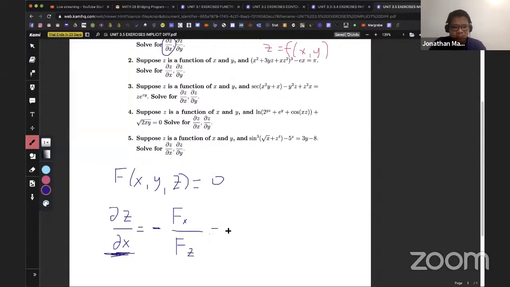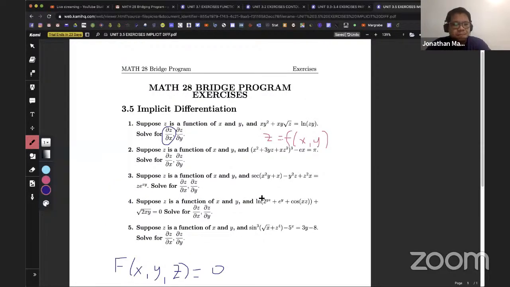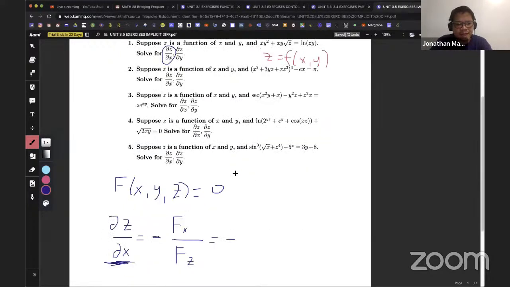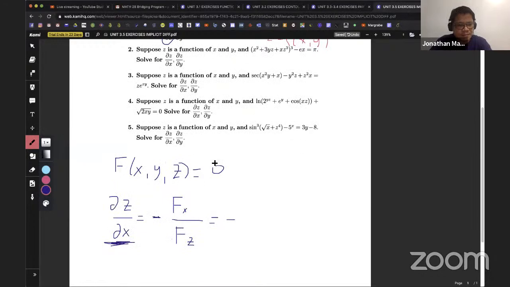Okay? Now, using our problem, xy squared plus xy square root of z equals ln of zy. We first need to define our capital F. From here, what is our capital F? The capital F of x, y, z.